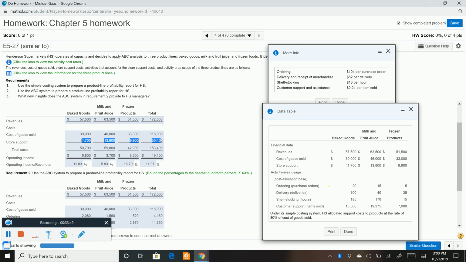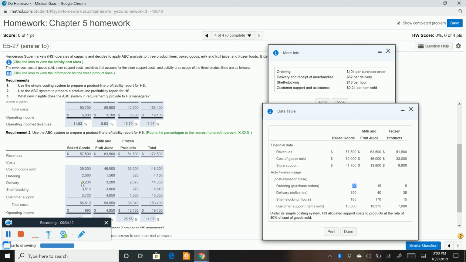As an example, ordering for baked goods, we did 20 purchase orders. And based on our activity-based costing analysis, it comes to $104 per purchase order. That number was given to us. If we take the 104 times the 20, we will get our ordering for baked goods, or 2,080. How about delivery? 100 deliveries times $82 per delivery, $8,200.